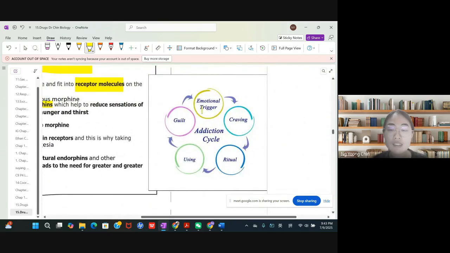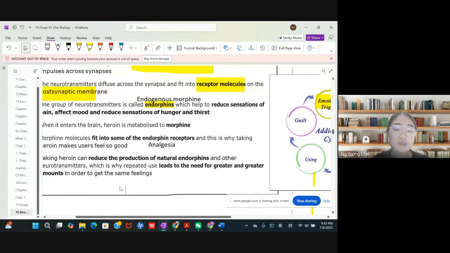It will trigger your emotions, and then you will crave. Then you need to use more drug to get the same effect. Another thing is, once you take heroin, you cannot stop, because heroin causes your body to reduce the production of natural endorphin, which is actually good for the body because it's produced in a natural way.